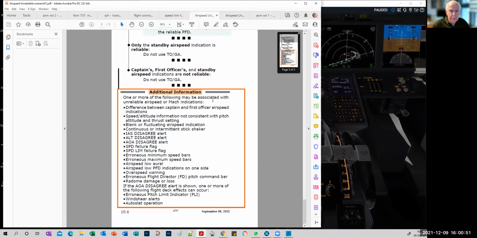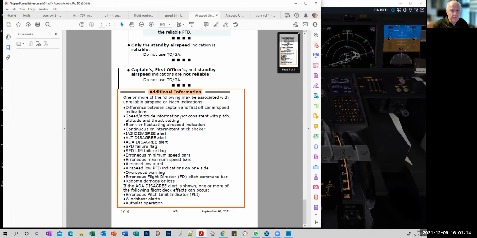One or more of the following may be associated with unreliable airspeed or Mach indications. A difference between the captain and the first officer's airspeed indications. Well, we had a look at that, as directed by the message that directed us to go, if we're using our head, directly into the memory items. IAS disagree.